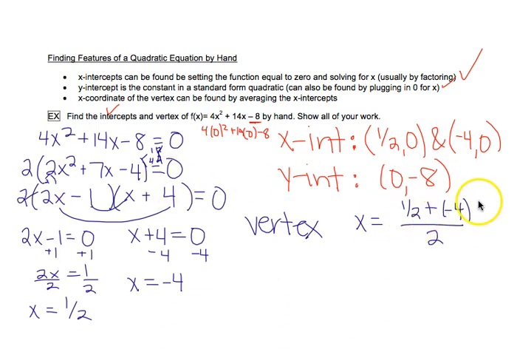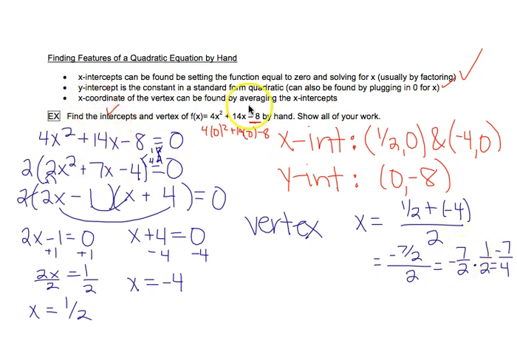So 1/2 plus -4 gives me -3.5, or if you wanted to do this by finding a common denominator, -4 is -8/2, so plus 1/2 gives me -7/2, and then divided by 2. Again, dividing by 2 is the same as multiplying by 1/2, so that gives us an x-coordinate of -7/4.